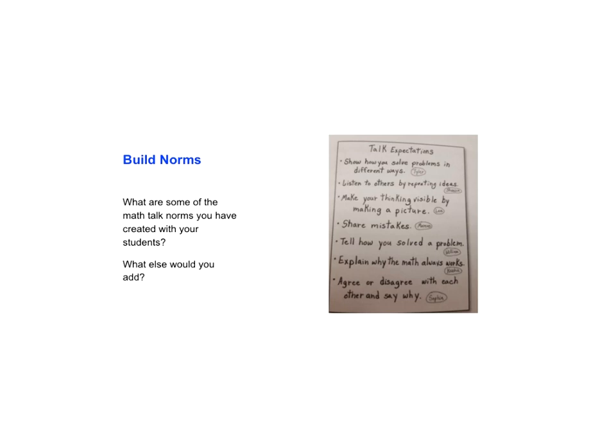We're really good at creating behavioral norms, those classroom contracts that everyone signs, and we need to do it about math talk, about talk in general. So what are some of the math talk norms you've created with your students? Maybe something that is on that sheet there, but maybe there's something new too.